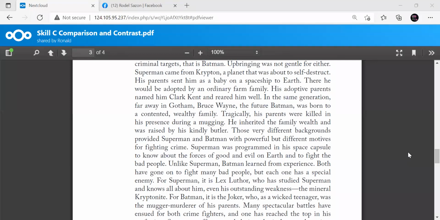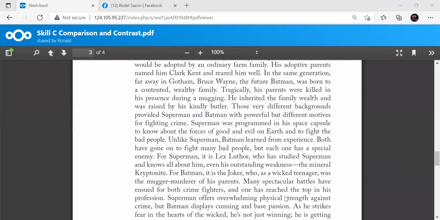Those very different backgrounds provided Superman and Batman with powerful but different motives for fighting crime. Superman was programmed in his space capsule to know about the forces of good and evil on Earth and to fight the bad people. Unlike Superman, Batman learned from experience.